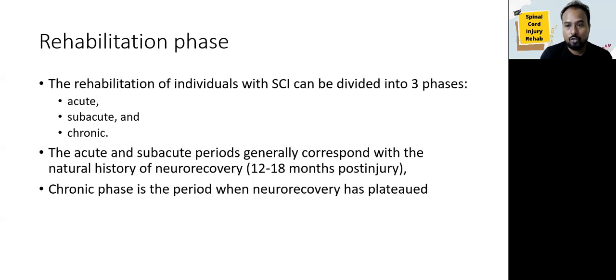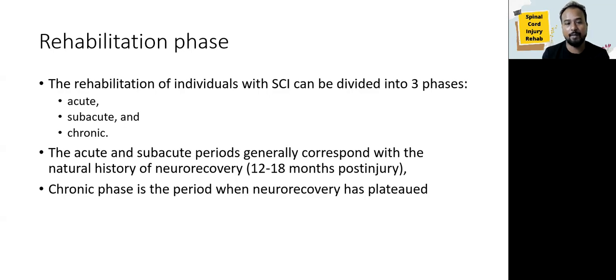Right, the phases of spinal cord injury can be broadly divided into three: acute, subacute, and chronic phases. Acute and subacute phases are usually the phases where we expect a certain amount of spontaneous or natural recovery. Chronic phase is where this recovery is plateaued, at 12 to 18 months post-injury, an approximate duration.